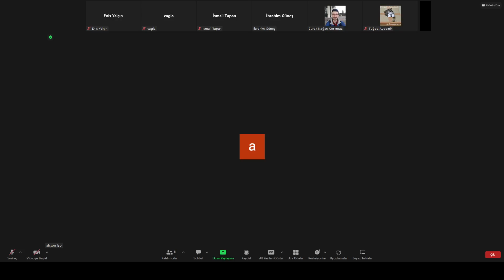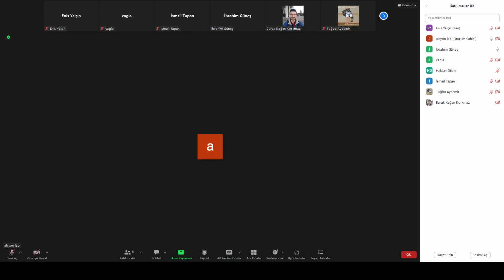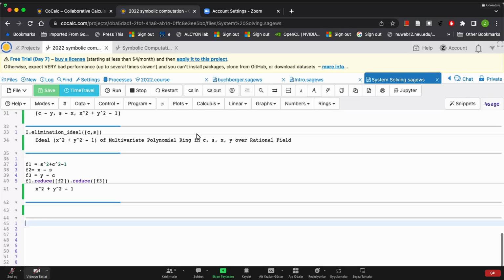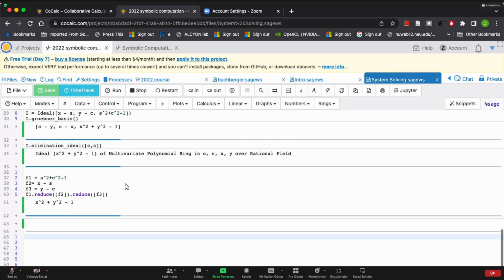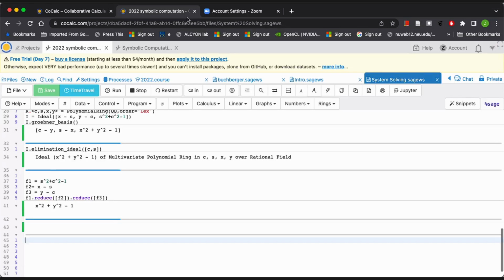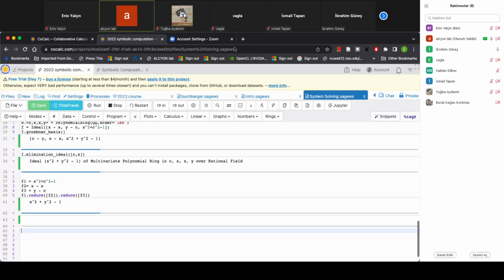I opened the breakout rooms. You can split as you wish in groups. Okay, sorry. Before you join, don't join yet. I'm sorry. I will first. Can you see CoCalc? Hocam, can you wait for a while because some of our friends try to get in. Do not enter the breakout rooms yet, by the way. As I said.